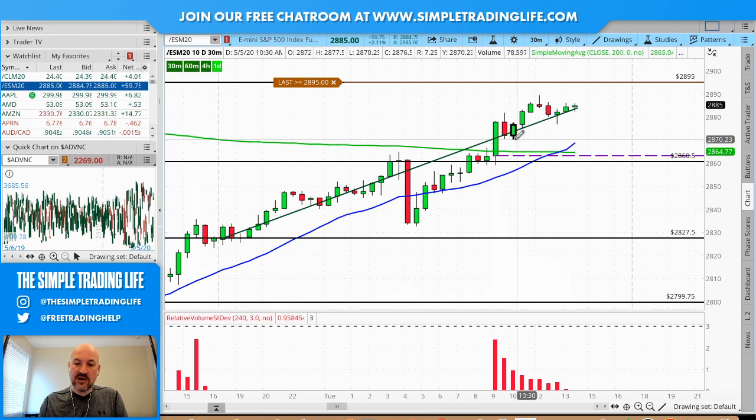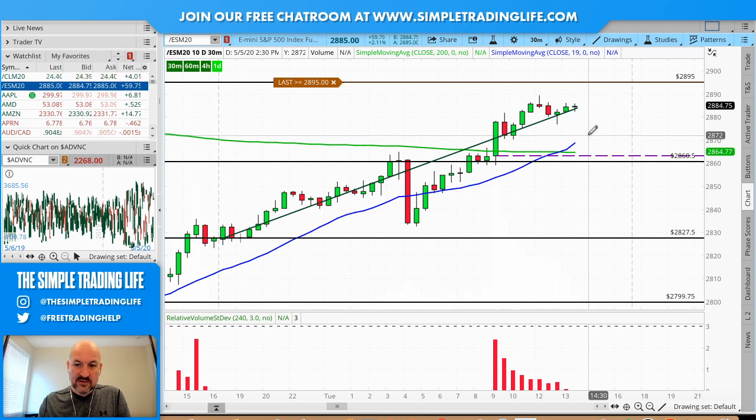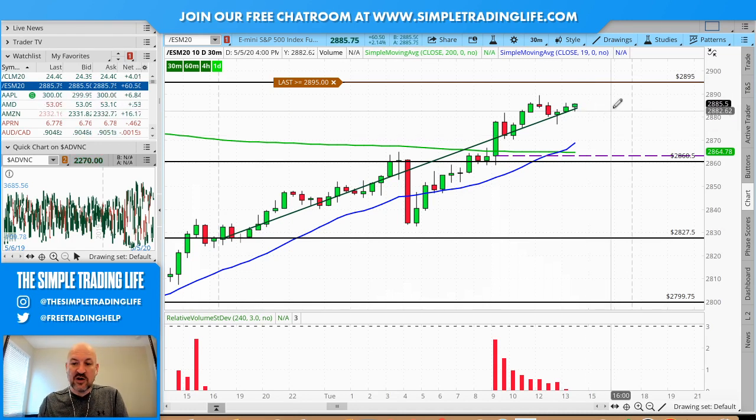You'll make a lower low. So if we came back down and made a lower low, then moved back up, then the critical point becomes right here. And you technical people, and I'm somewhat of a technical person, but I trade price action over anything else, you would call that a double top, right?